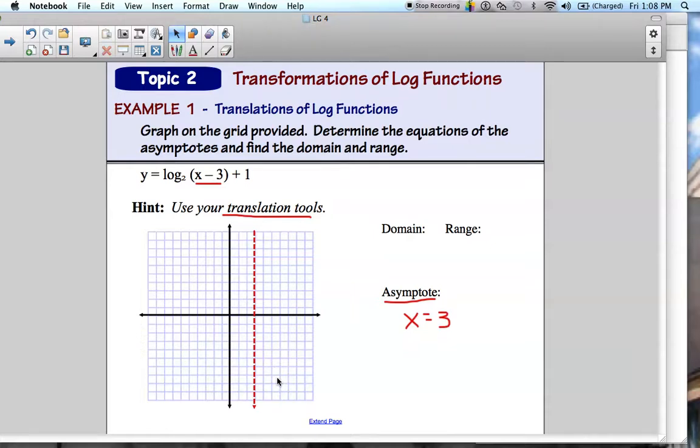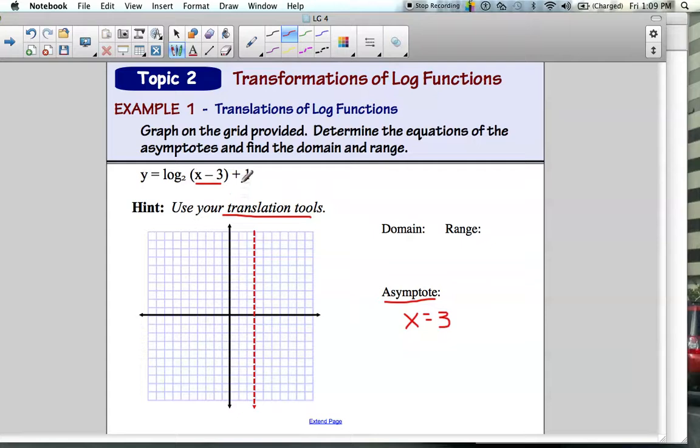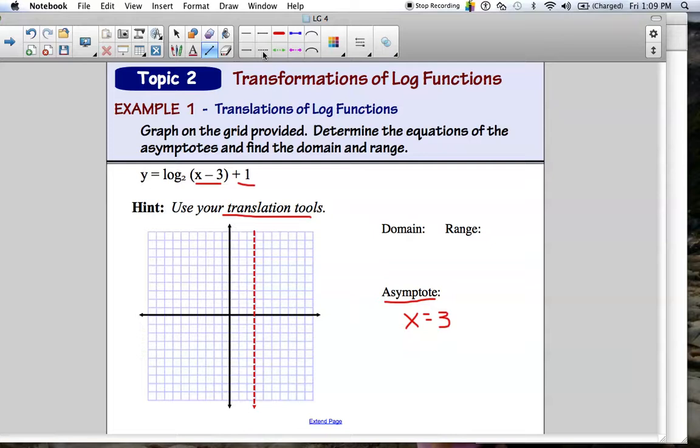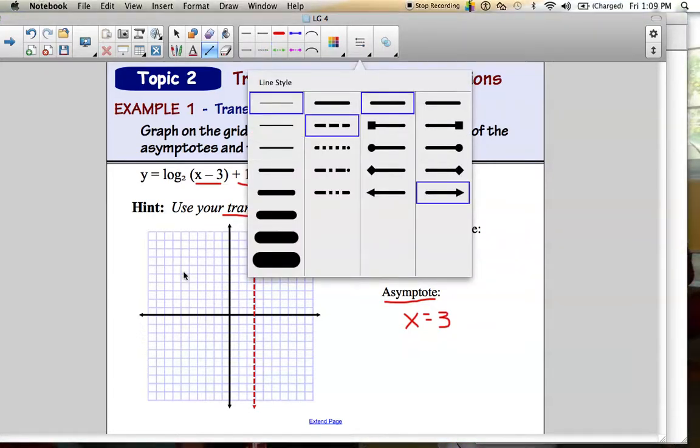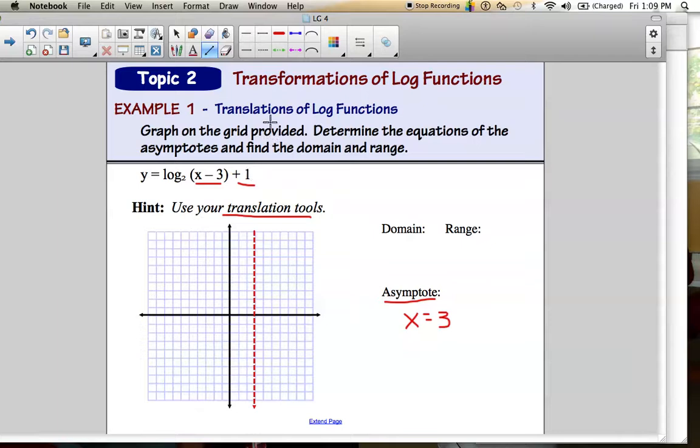And now, we are going to make another line. This is not an asymptote. This is just going to be our shifting, our translation of the function now. It's going to go up 1. So this line I'm drawing just helps you with the translation.